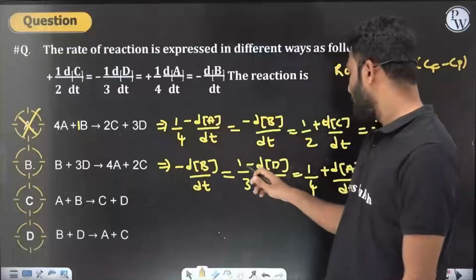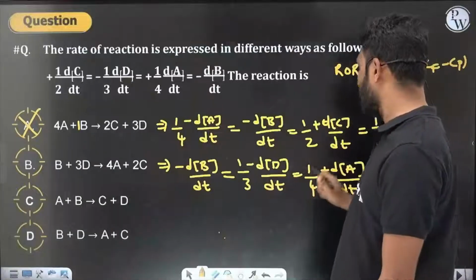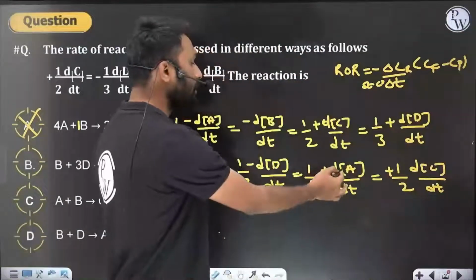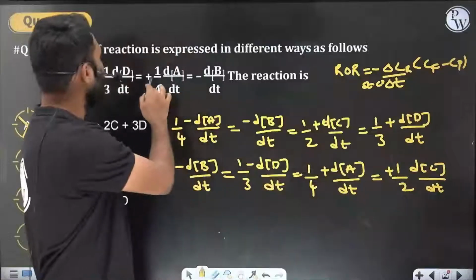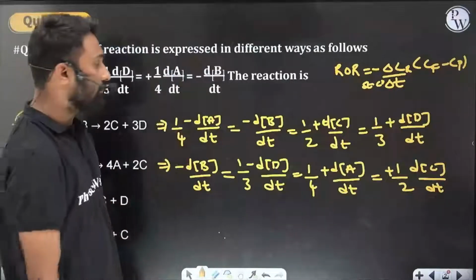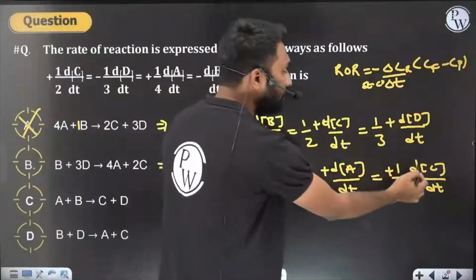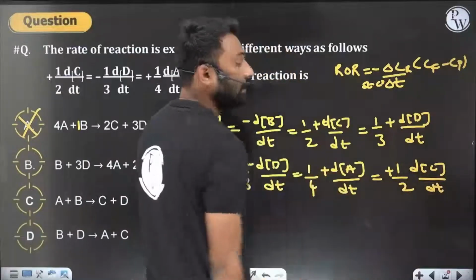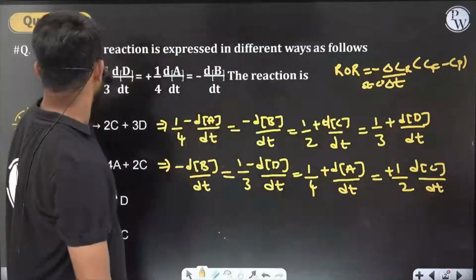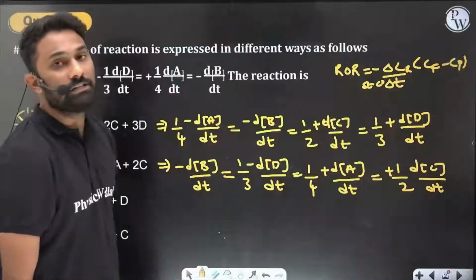Next, 1 by 4 change in concentration by dt, here also 1 by 4. Here plus 1 by 2 change in concentration of C by dt, here also plus 1 by 2.